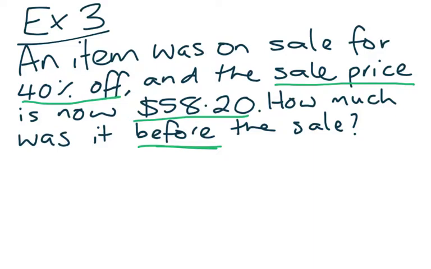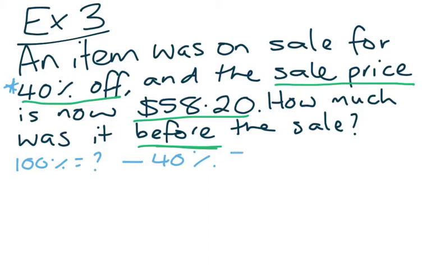So again, to do this, we need to work out, okay, what percentage of the original is that $58.20? It says it was 40% off. So if we started with the 100% that we don't know, that's what we're trying to work out, we took off 40%, so we're taking away 40%.